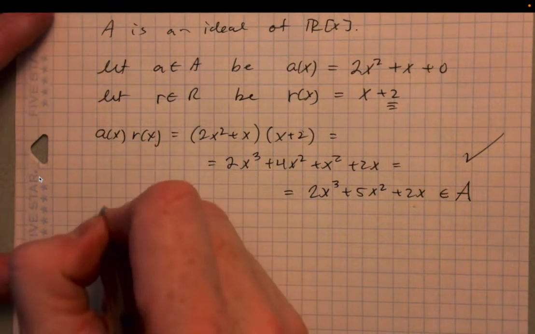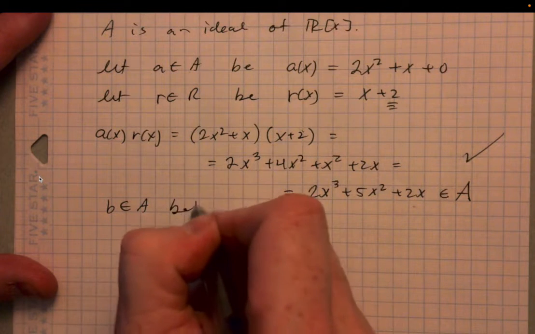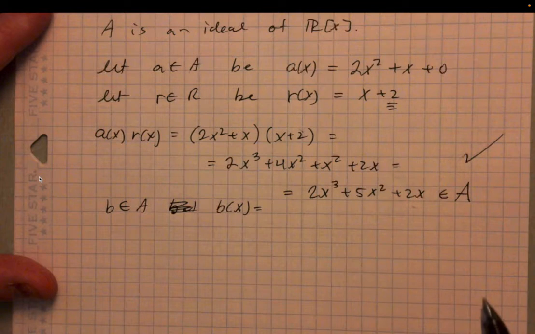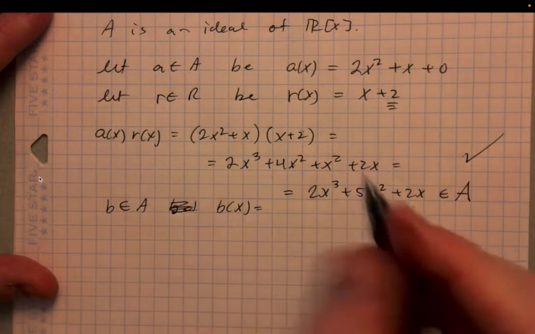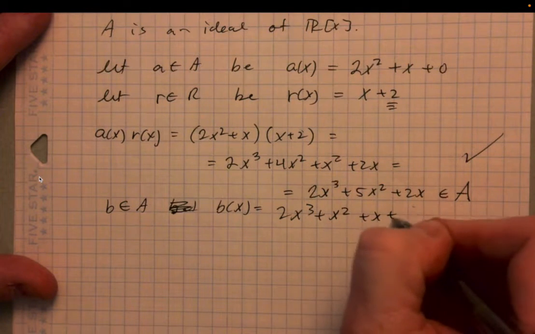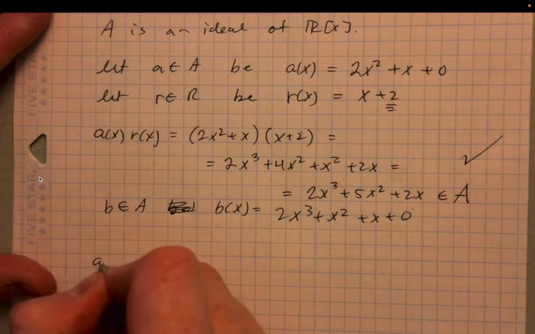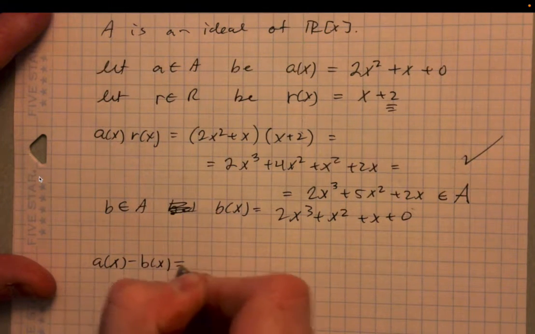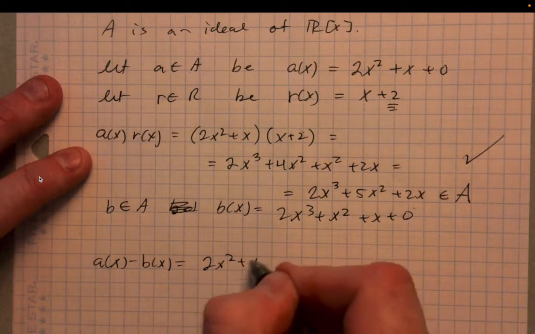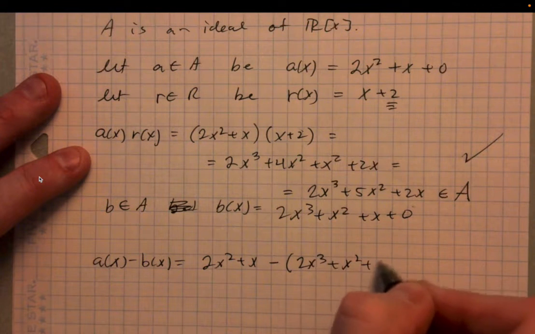Now let's say that B is another element of A, and let B of x equal, just any example here, 2x cubed plus x squared plus x, again plus 0 because B is in A. Then when I subtract B from A, I get 2x squared plus x minus 2x cubed plus x squared plus x.